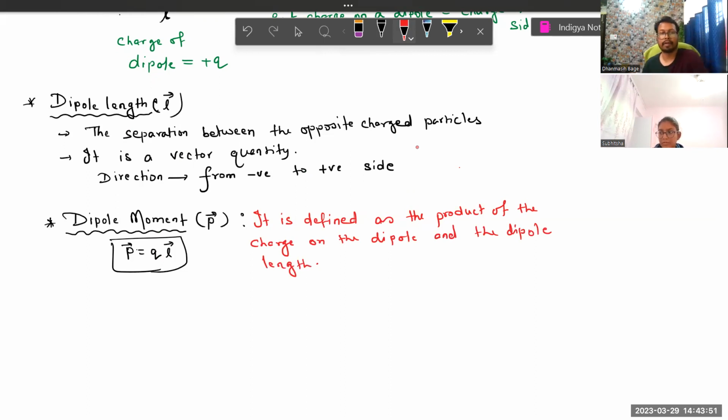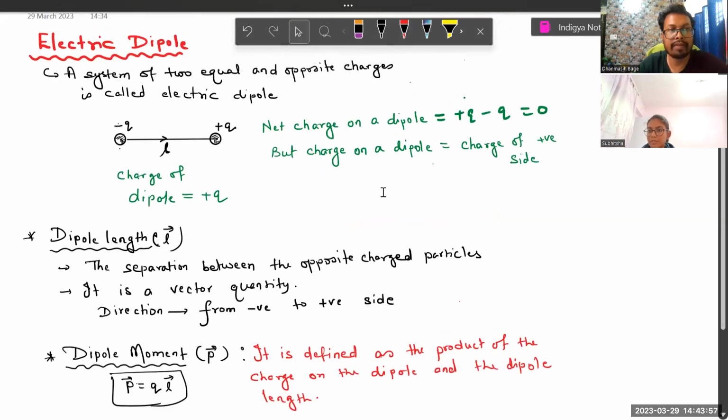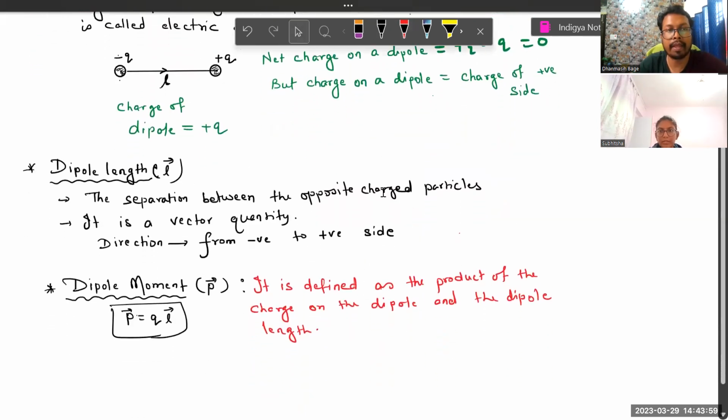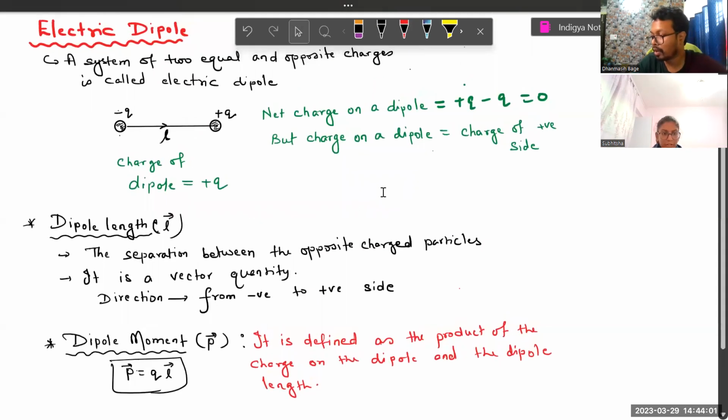That's it. So these are the definitions that we need to remember while having the discussion on electric dipole. Now, we will talk about the physical significance, because in the next chapter also, electric dipole will be discussed, but I would like to discuss these things here.